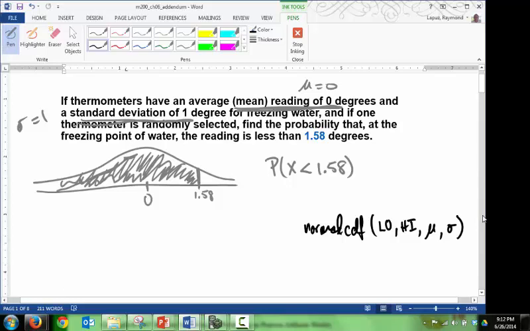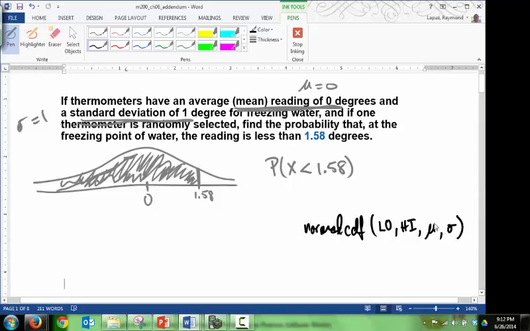Now, I don't know if I should even tell you this, but if your mean is 0 and your standard deviation is 1, you can just disregard these other two things and just put low and high and close the parentheses and be done with it. So if you only have two arguments for the normal CDF, it's going to assume that you're looking at the standard normal distribution and the mean is 0, standard deviation is 1.